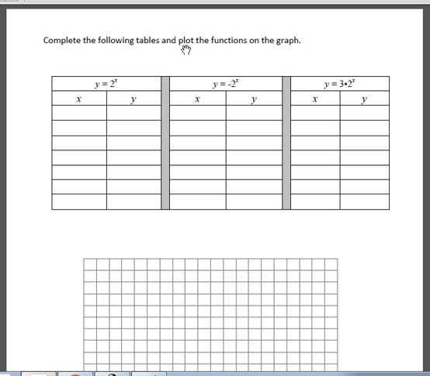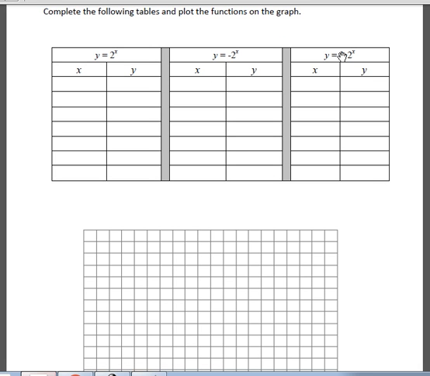Complete the following tables and plot the functions on the graph. I'm going to help you get this set up, and hopefully if you have a graphing calculator you will be able to complete this on your own. Above the table, I want to first show you what you're going to type into your calculator.